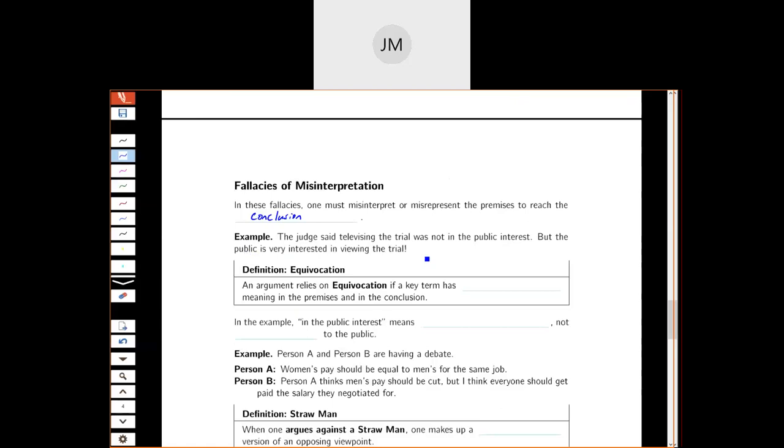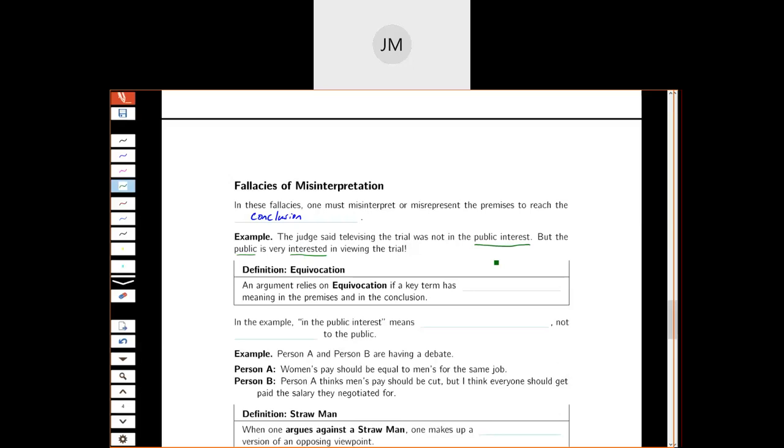It's usually specific word usage that we're playing off here. So when we say the term public interest, that's different than the public is interested. When we say the public is interested, we're saying some people want to see the trial. The public interest is talking about maybe the general good of society.